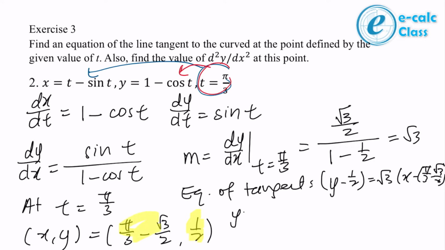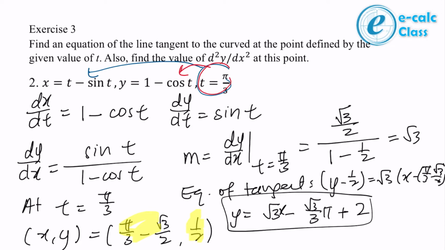So y equals root 3 minus root 3 times pi over 3, minus becomes a plus, root 3 times root 3 is 3, 3 over 2 plus half is 2. Am I right? Missed out x here.